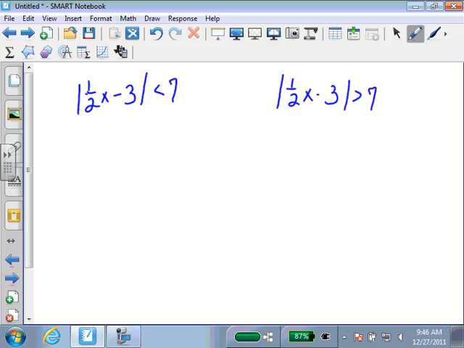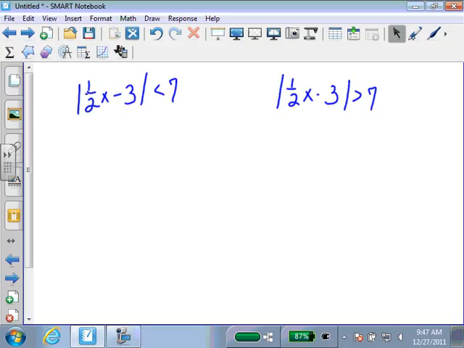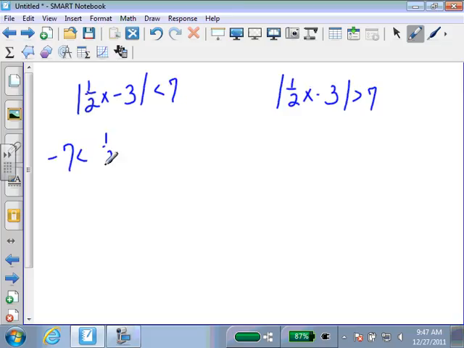Now I've got some random absolute value inequalities. When my inequality is less than, I can do it as a 3-part. Negative 7 is less than 1/2 x minus 3, which is less than 7.